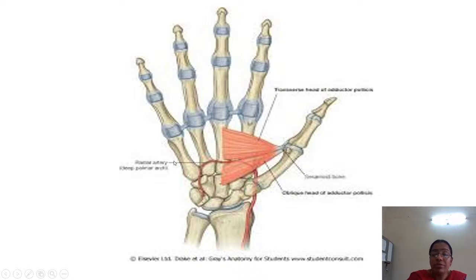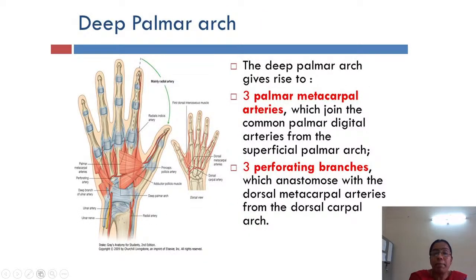When you see the branches of the deep palmar arch, you can see here the branches to the thumb, the princeps pollicis, and to the radialis indicis. This is what the superficial palmar arch was not supplying. The deep palmar arch supplies either side of the thumb by means of the princeps pollicis artery and the radialis indicis artery.